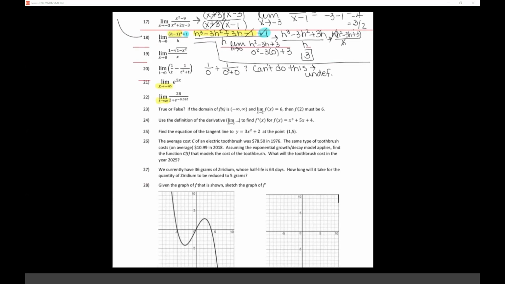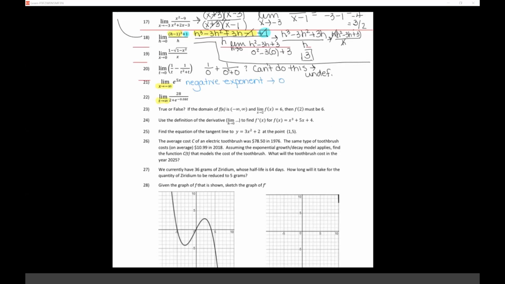Basically, as you approach negative infinity with this, you're going to wind up with a negative exponent. So basically with negative exponents, as you get larger and larger, the whole limit is going to approach 0.